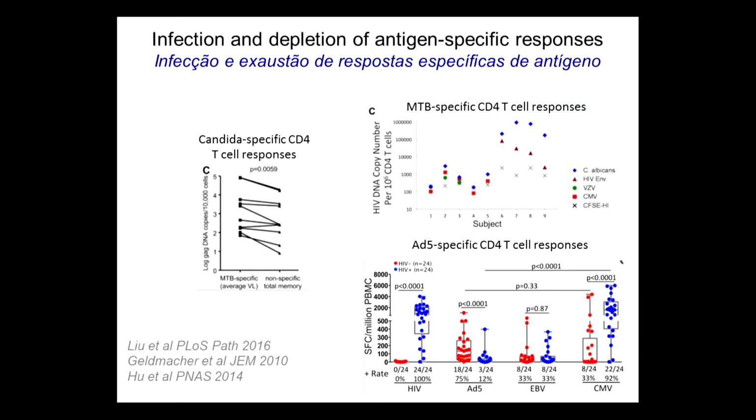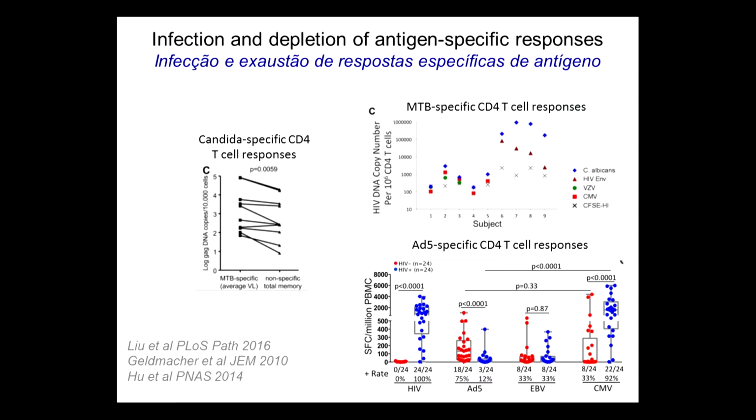Then this study compares tuberculosis-specific responses to envelope-specific, varicella zoster virus-specific, and CMV-specific responses, showing a differential pattern of infection and depletion of those cells.